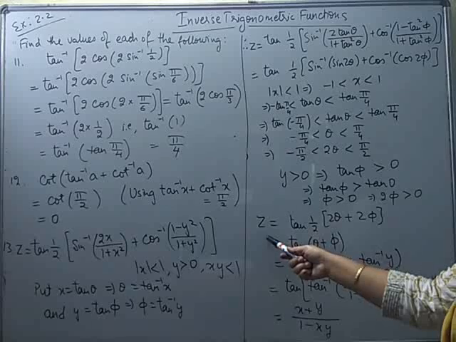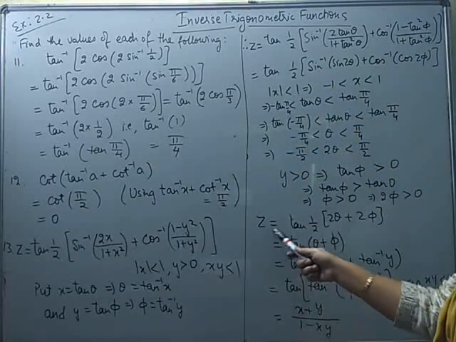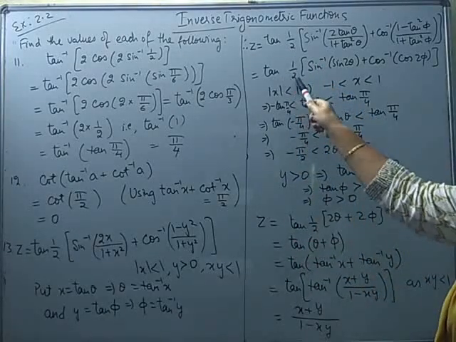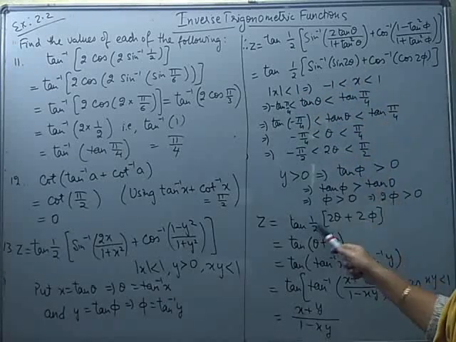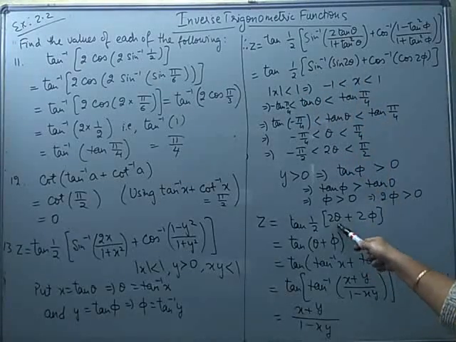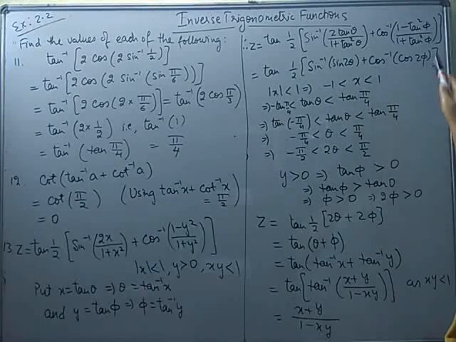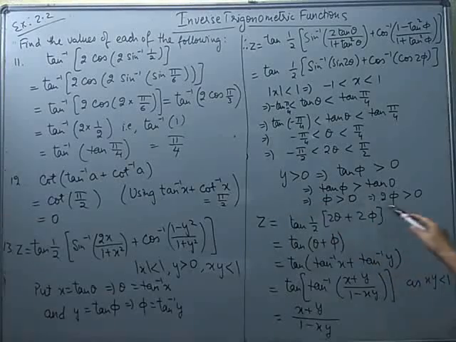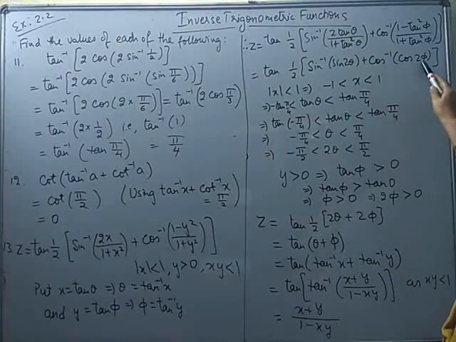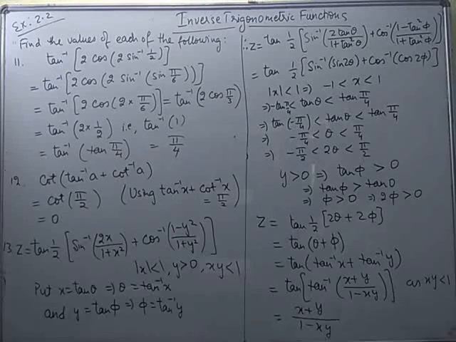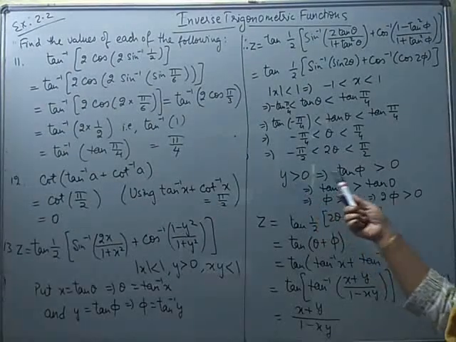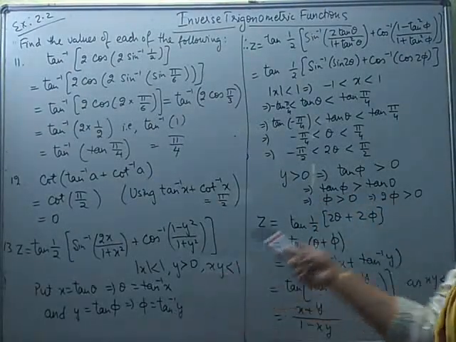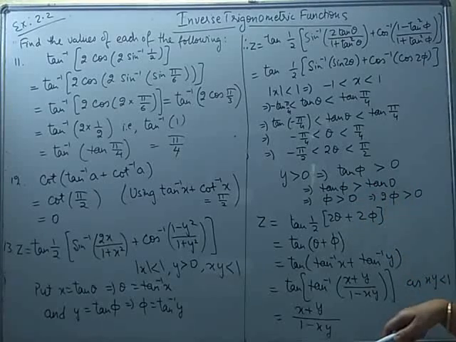So you can see I have continued with the calculation of z. Z can be written as tan 1 by 2 and sine inverse sine 2 theta can be replaced by 2 theta. In the same way, cos inverse cos 2 phi can be replaced by twice of phi. Explanation for that is here. See, for cos inverse cos 2 phi to be 2 phi, it should lie in the closed interval 0 to pi. Now because they are saying y is greater than 0 and y is tan phi, that means tan phi is greater than 0.